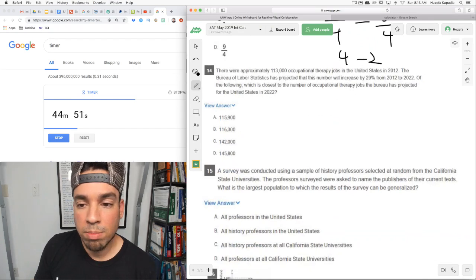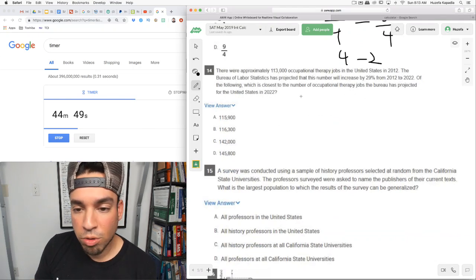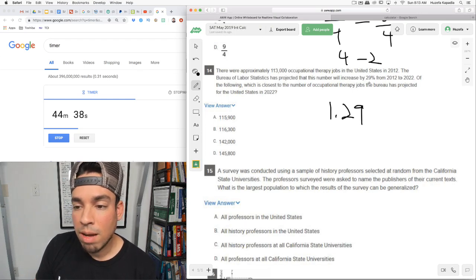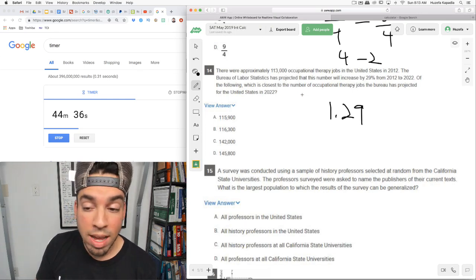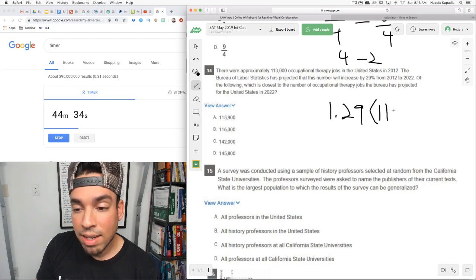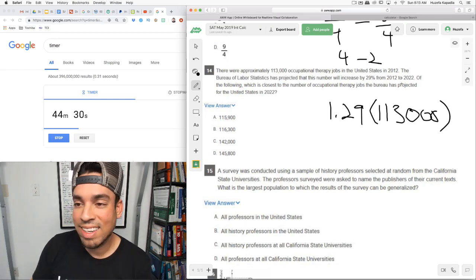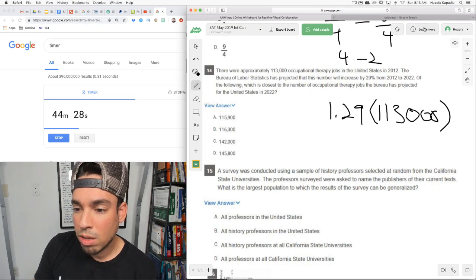There were approximately blank jobs, and the Bureau of Labor projects this number will increase by 29%. Of the following, which is closest to the projected number of occupations. Okay, so an increase of 29%. The fast way that I like to do this is I don't just multiply by 29% and add, I multiply by 1.29. That will give me the new value with a 29% increase, okay? 0.29 represents 29%.